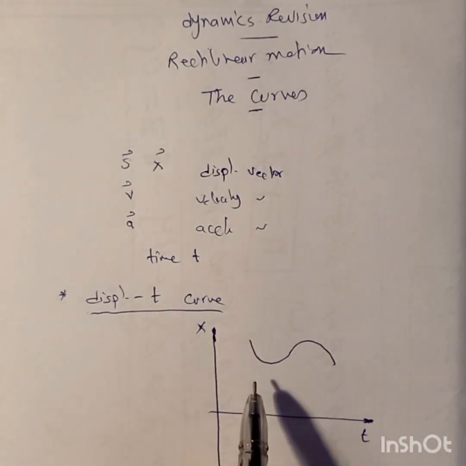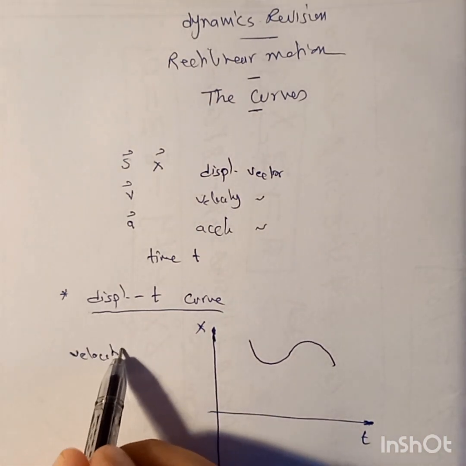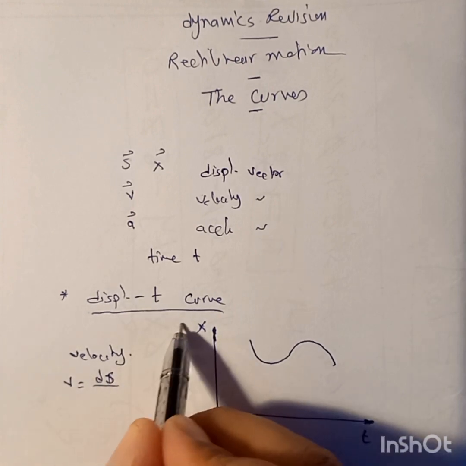From this curve we can find out the velocity, as the velocity equals dx/dt or ds/dt, here s or x.